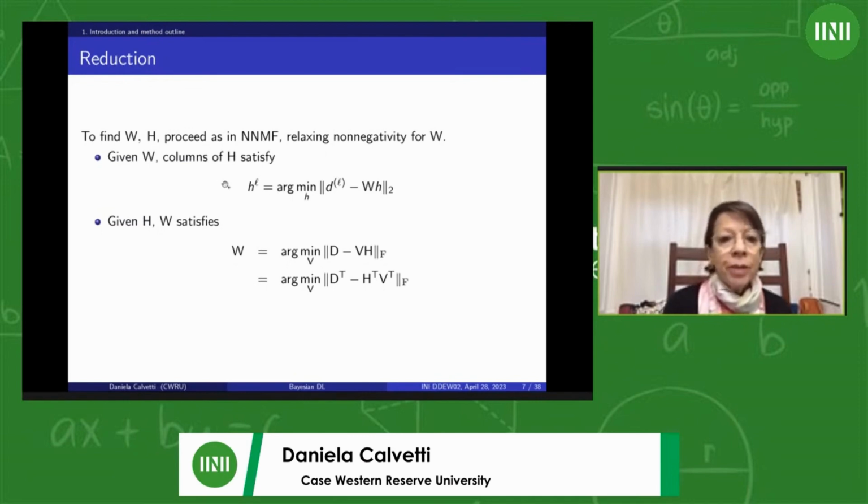We can split this, the way it's usually done, in sweeps of alternating operations.